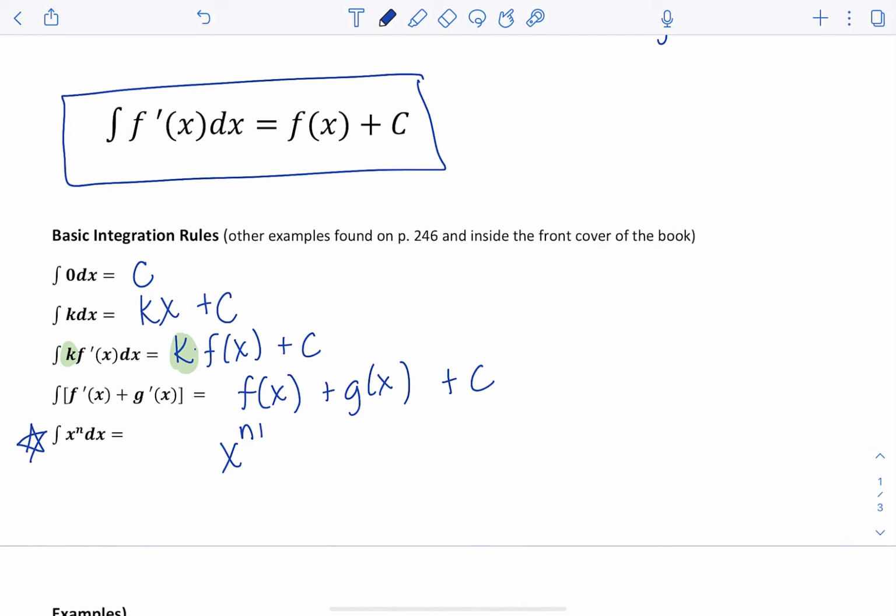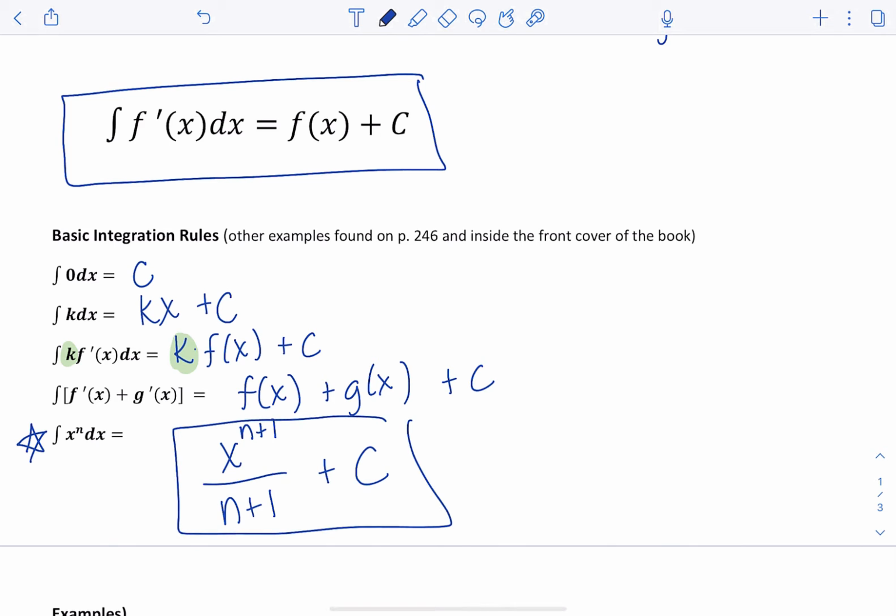We will add 1 to the exponent and we will divide by the exponent. So this is just the opposite of doing the derivative. But instead of subtracting 1 from the exponent, we now need to add 1 and then divide by that new exponent. So this rule right here, this is our major one that we will be using for a lot of what we do this semester.